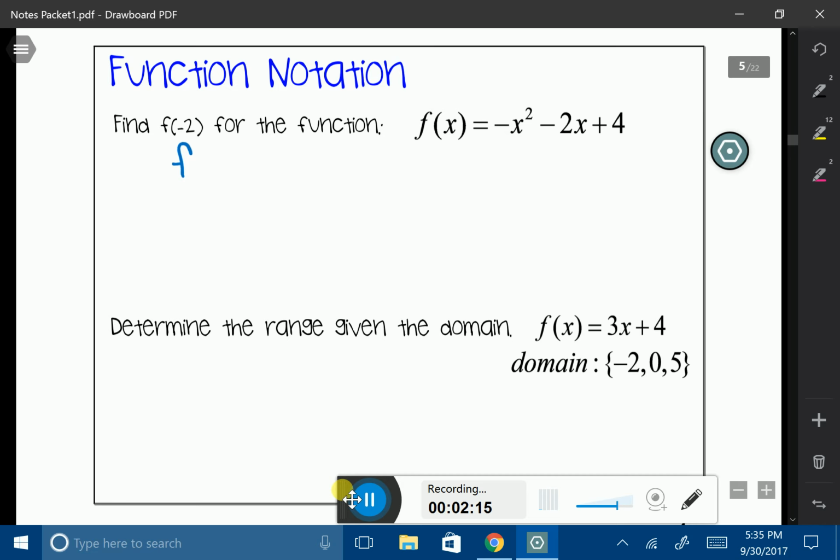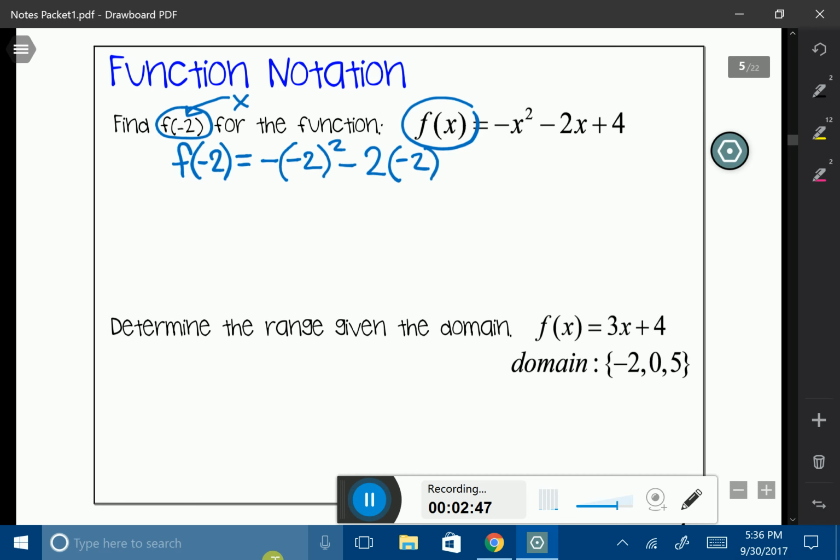I'm going to say f of negative 2 is equal to, now everywhere that I see an x, I am going to substitute the number negative 2. Because you can see that in my f of negative 2, there's a negative 2 in for the x, similar to this equation over here. So I'm going to go negative, and then substitute parenthesis negative 2 squared minus 2 times negative 2. Again, I'm going to put a negative 2 in for x, and then I'm going to add 4.